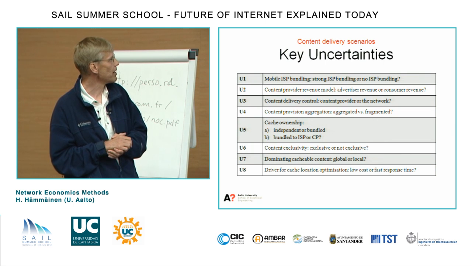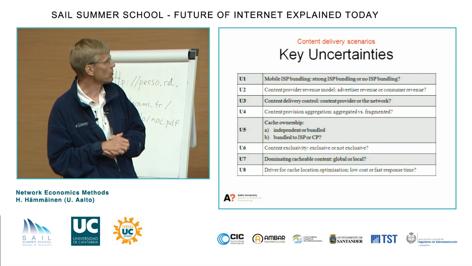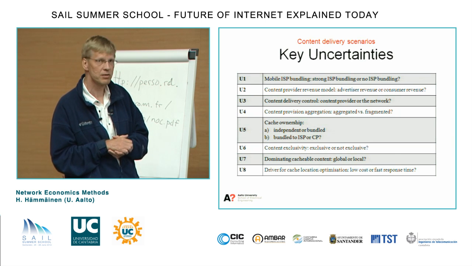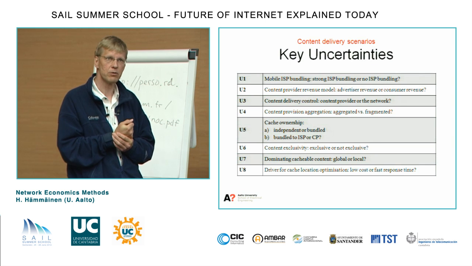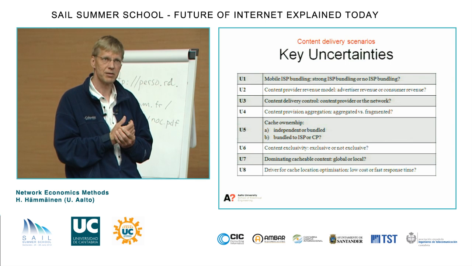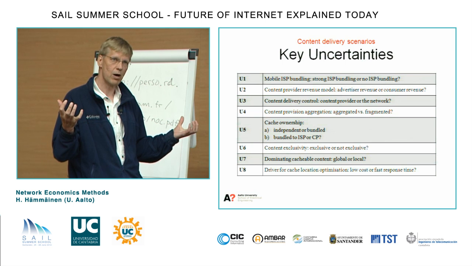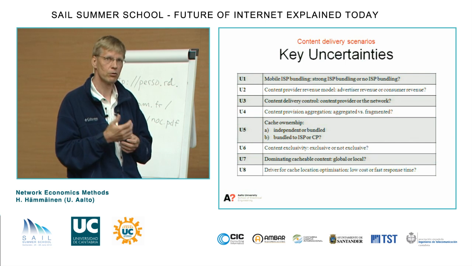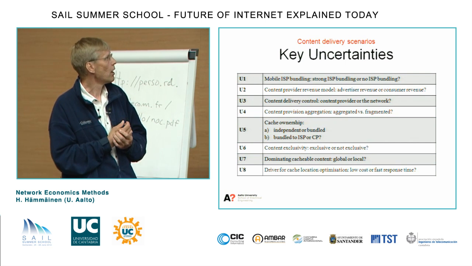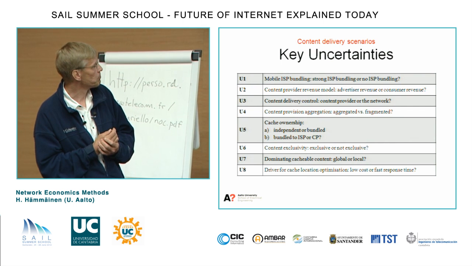Cache can be independent or bundled, and then it can be bundled to ISP or content provider. Independent cache means CDNs, so there are new players called content delivery networks who are focused on caching and some routing optimization, but who are not really the centers of power. They are not content providers and they are not access operators.